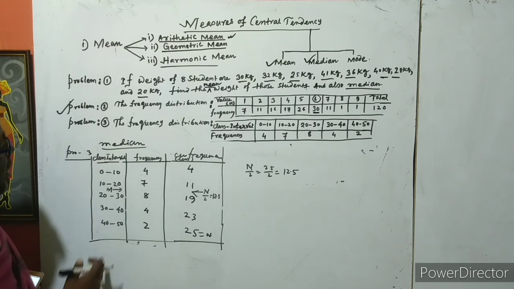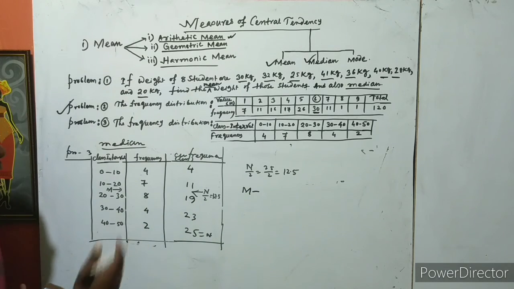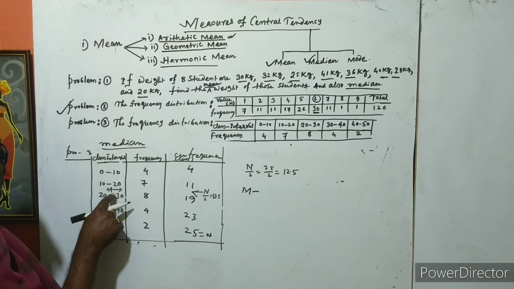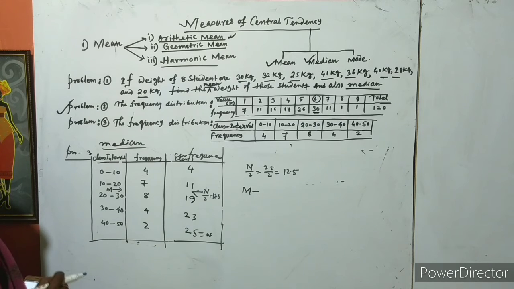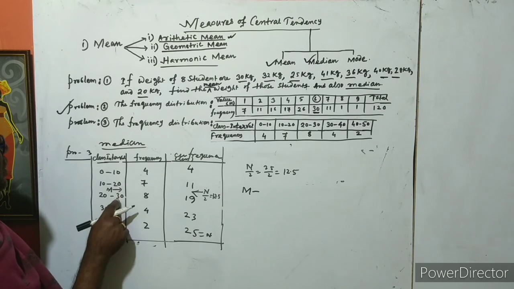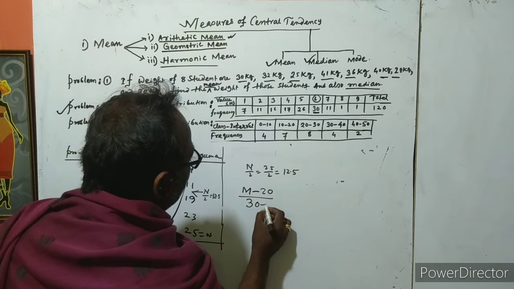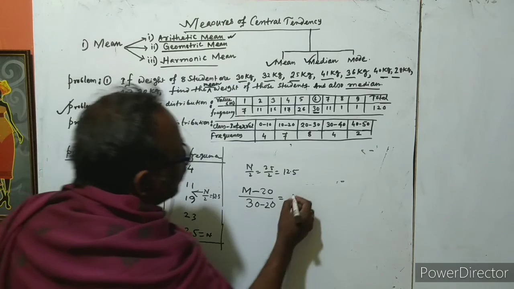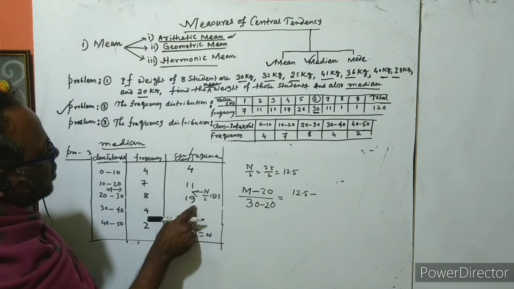To find the median, we use the interpolation method, and after that we form the formula of the median. This is the easy technique, called the interpolation method. M minus 20 by 30 minus 20 is equal to 12.5 minus 11 by 19 minus 11.